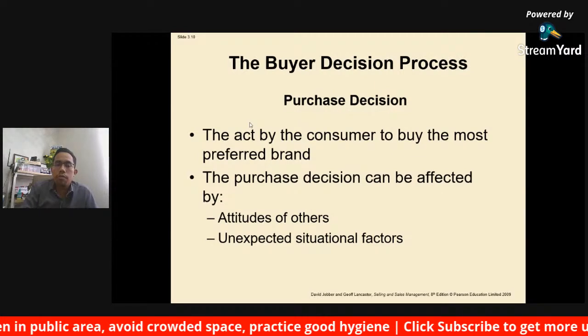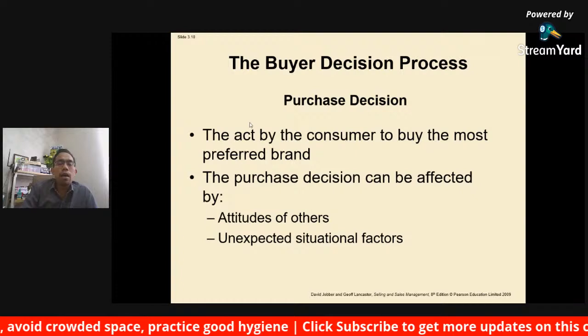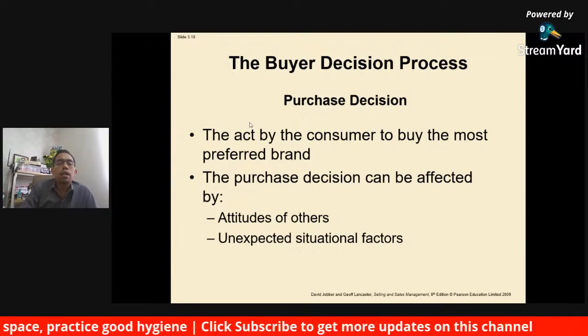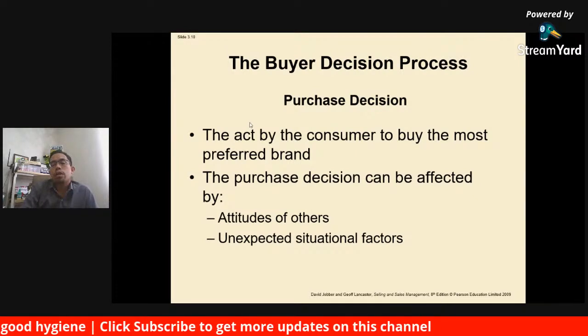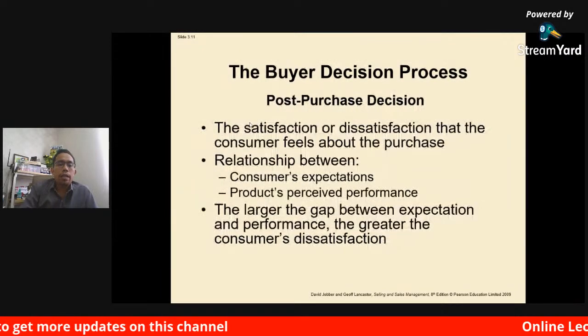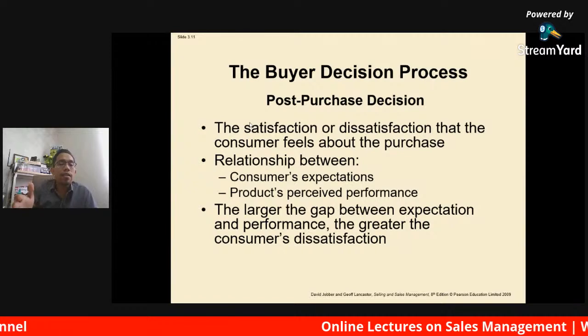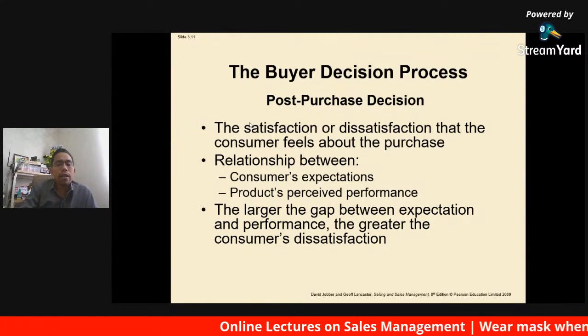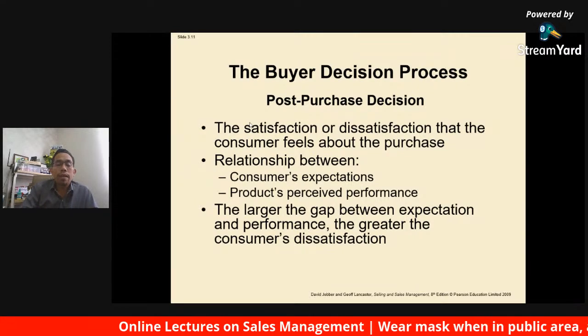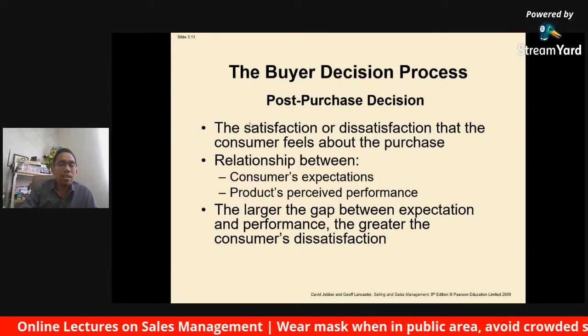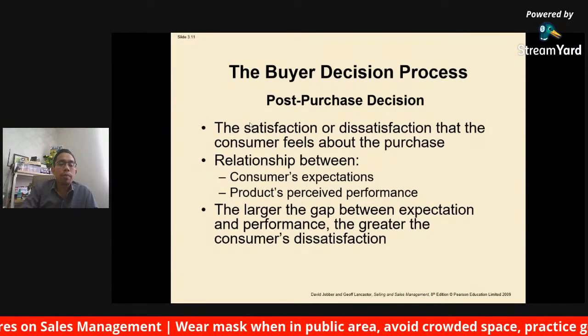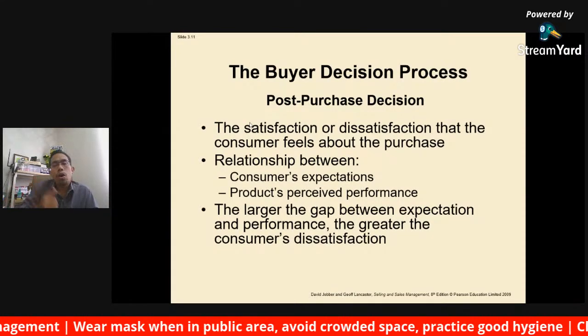We look around us at how people respond to the situation, and also unexpected situational factors. After that comes a very critical part, because this stage will determine whether this customer will make a repeat purchase or not.